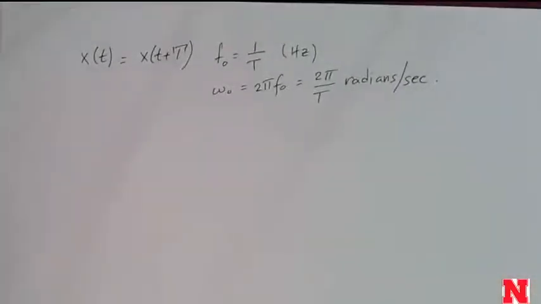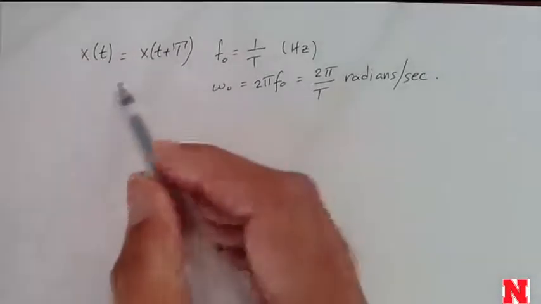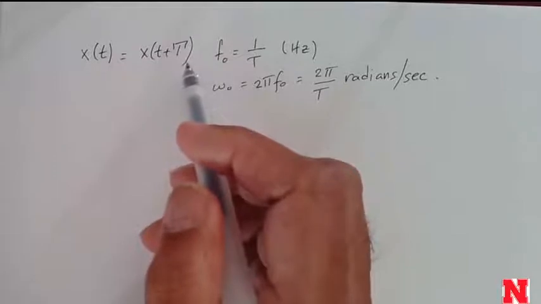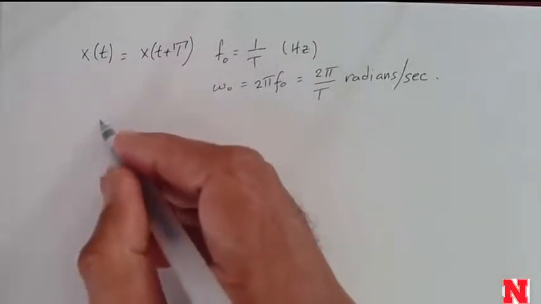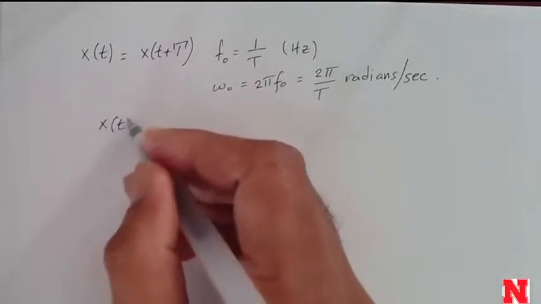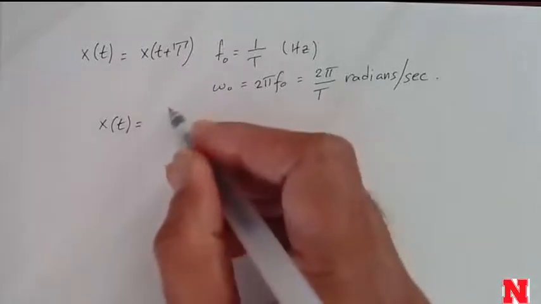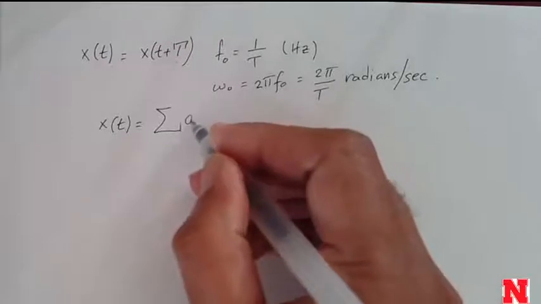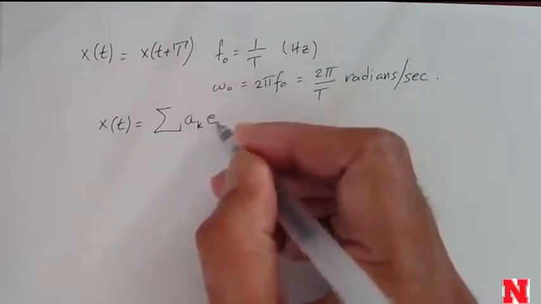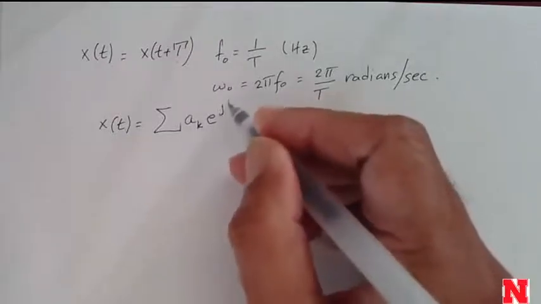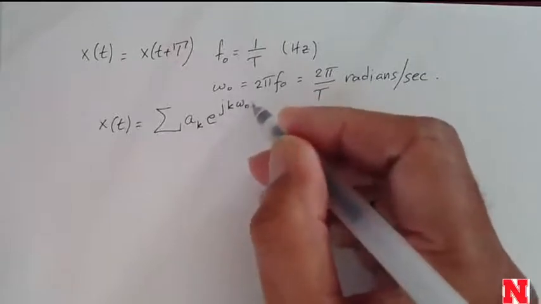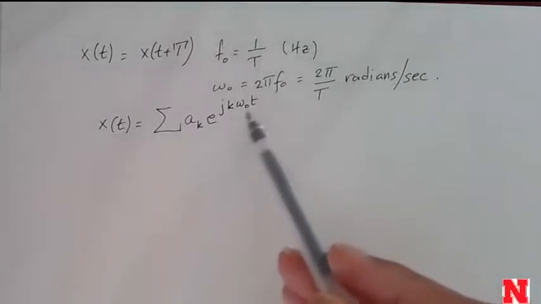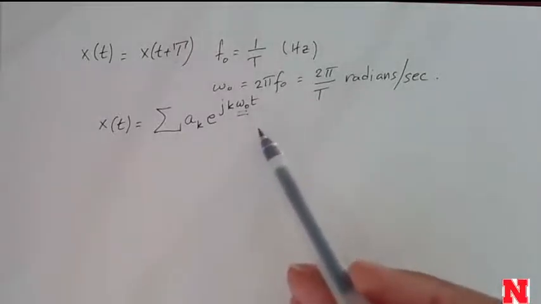Okay, so the idea is that I can take any, and from here on, I'll just be talking about periodic signals, okay? And here's this claim that I will make without any proof. The claim is that given any periodic signal, I can write it as a sum of some coefficients times multiples of the fundamental frequency. Okay, so here is my fundamental frequency in radians.